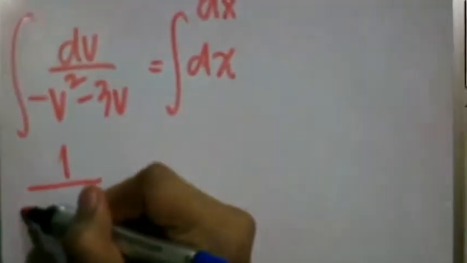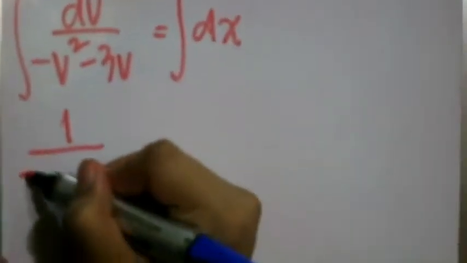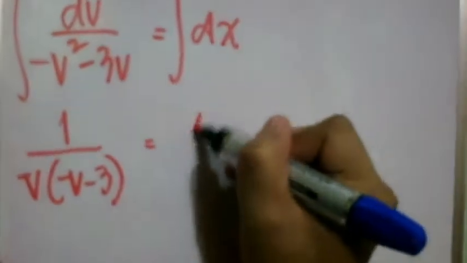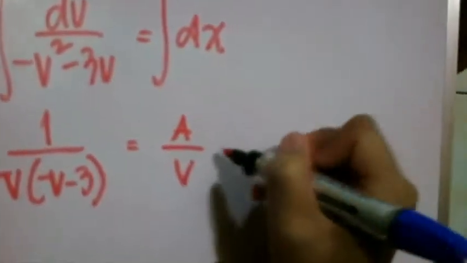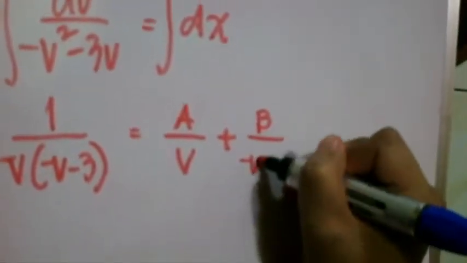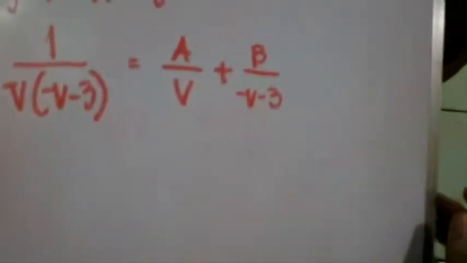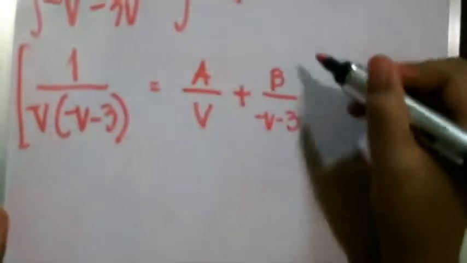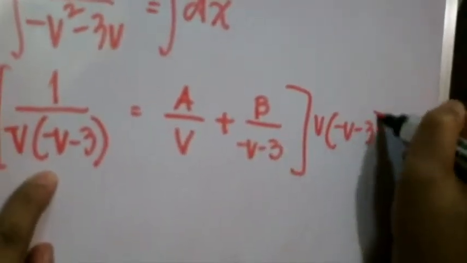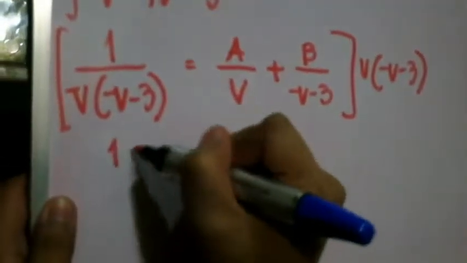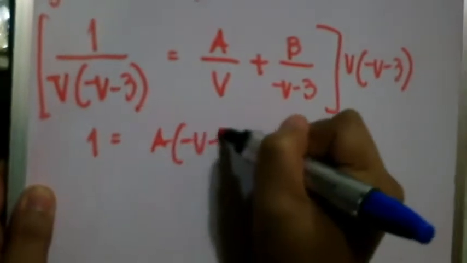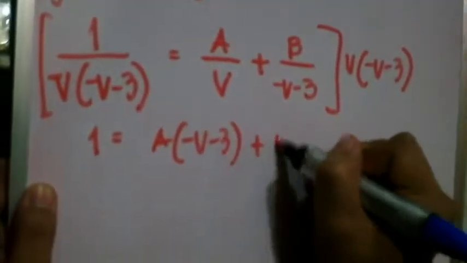1 over v times negative v minus 3 is equal to a over v plus b over negative v minus 3, and multiplying both sides by this denominator v times negative v minus 3, we have 1 is equal to a times negative v minus 3 plus bv.